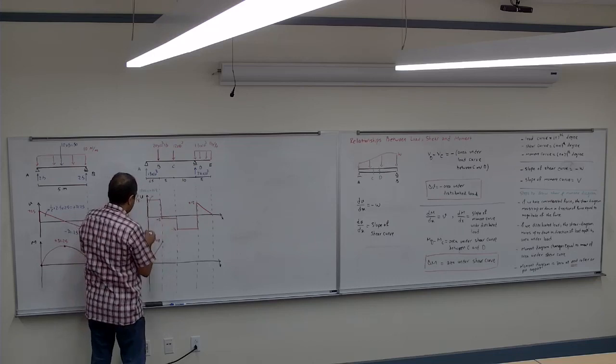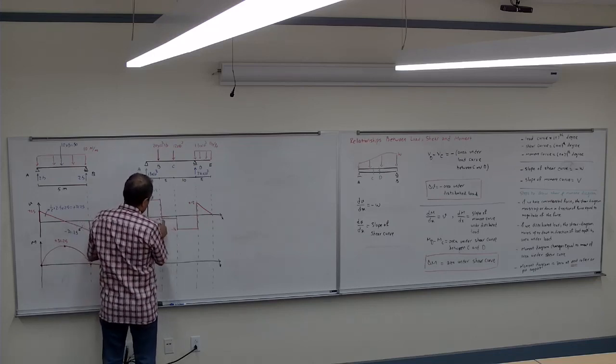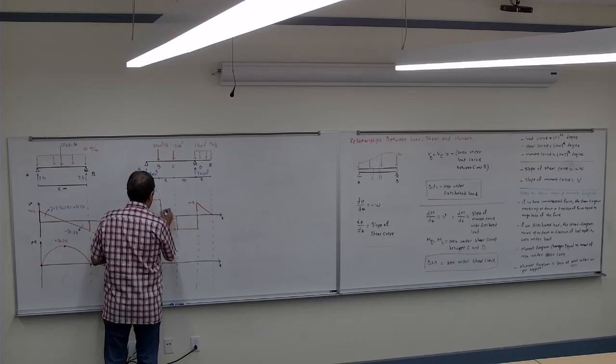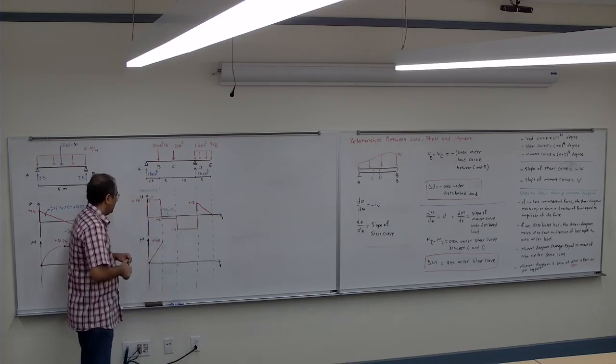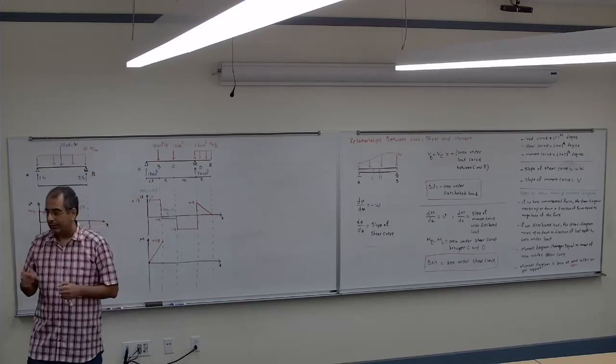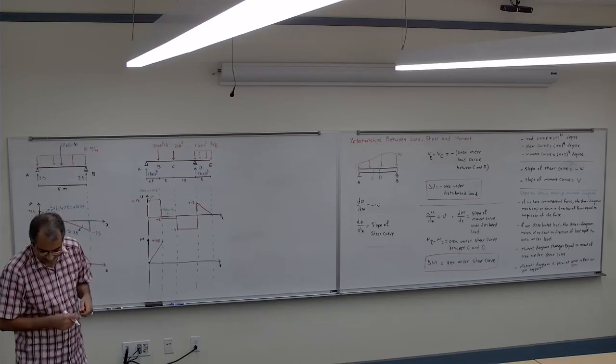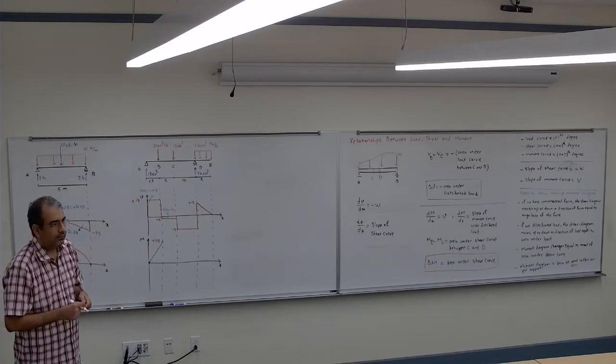Then how much is the area here? Negative 2 times 8, negative 16. So I will go down negative 16. So 108 minus 16, how much is that going to be? 92.